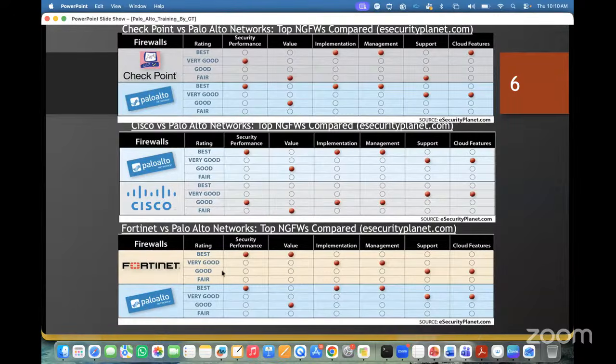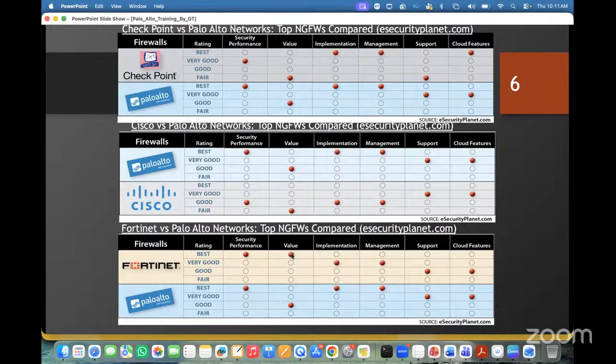If you compare with the FortiGate firewall, FortiGate is basically a very good firewall. Still, they have high security performance. Compared to Palo Alto, implementation is not like that, but it is good. Management is also okay. Support is not good for the FortiGate firewall. But if you compare Palo Alto and FortiGate, Palo Alto is always going to top the security performance.